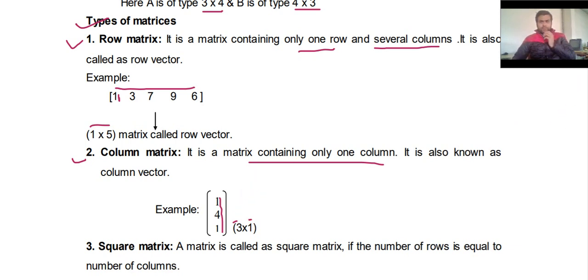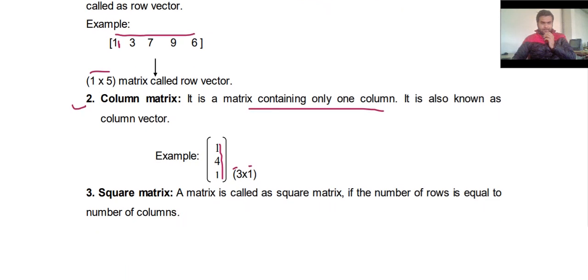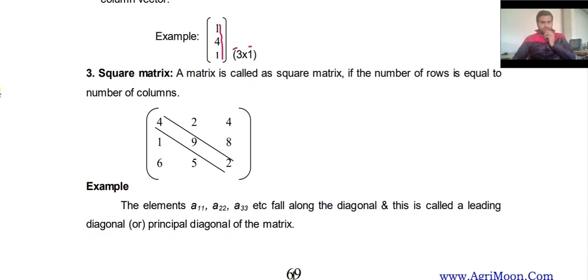So this way we can define a column matrix. Next is square matrix. So a square matrix is that type of matrix in which number of rows equals the number of columns. Means m is equal to n. Okay.